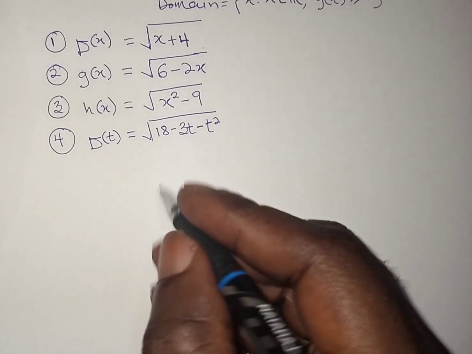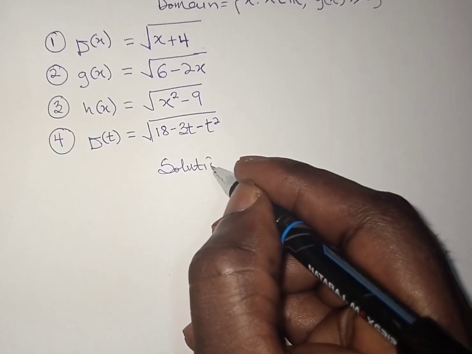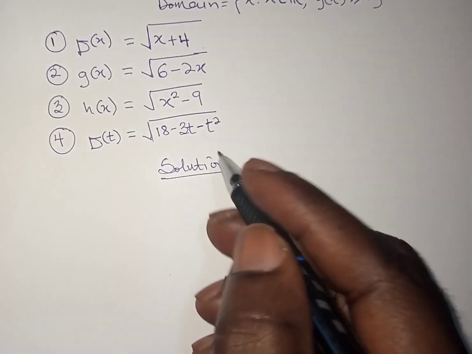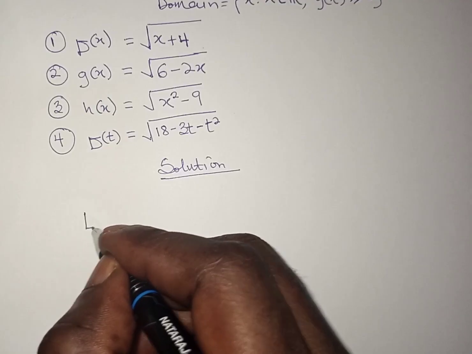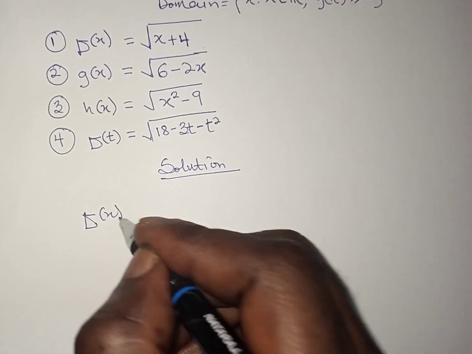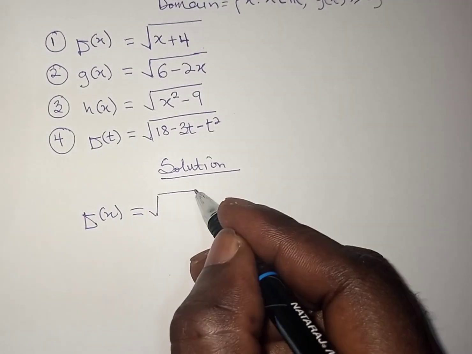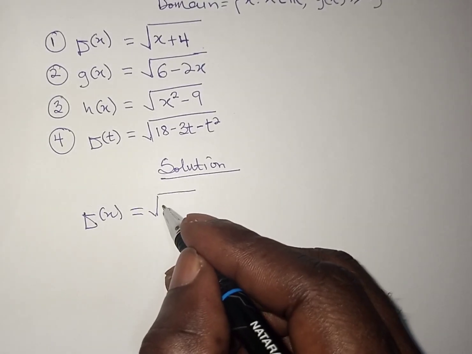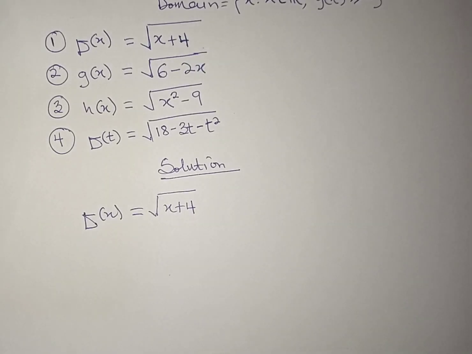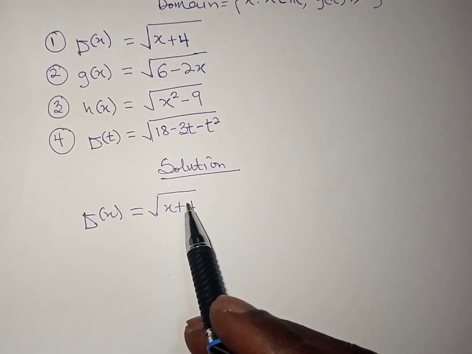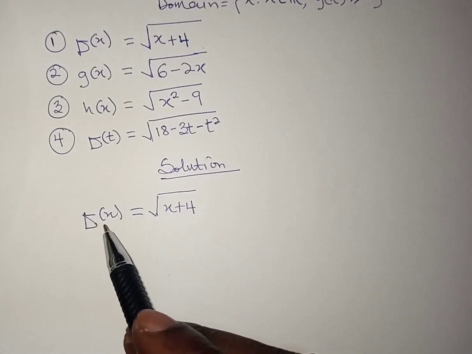All right, for my solution, if we are given this function f of x equals square root of x plus 4, we are saying that we should find values of x that will make the function defined.